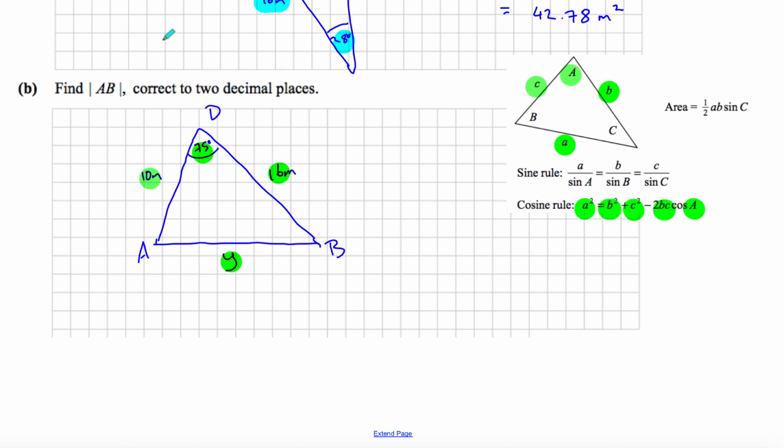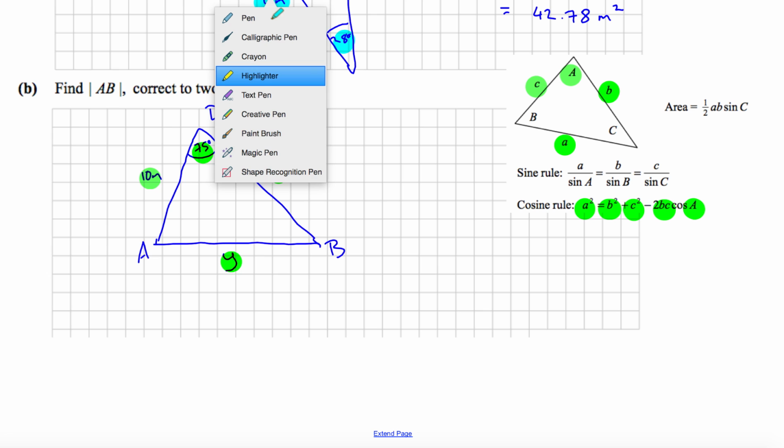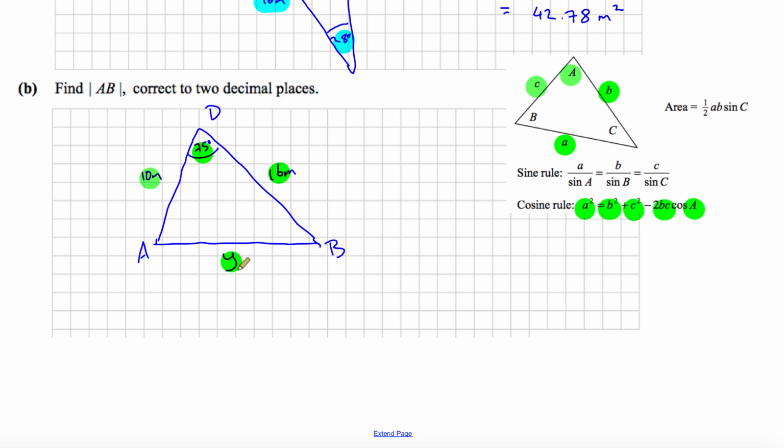So we're just going to apply this cosine rule now. So we have y squared is equal to b squared, which in our case, our b is 16, so 16 squared, plus c squared, which is the 10 here, minus 2 multiplied by b by c.